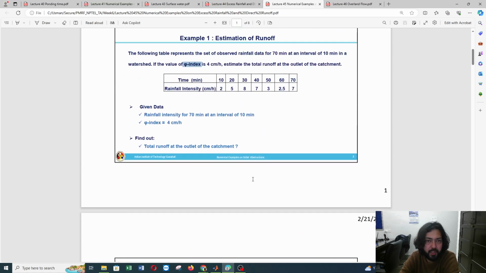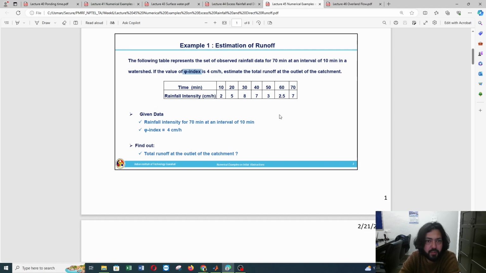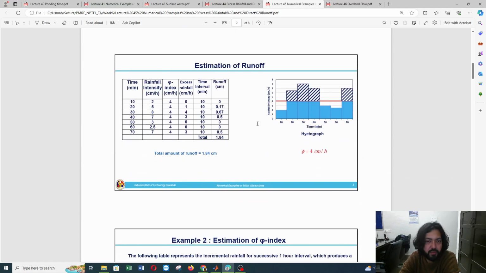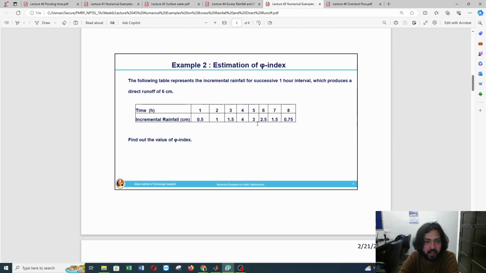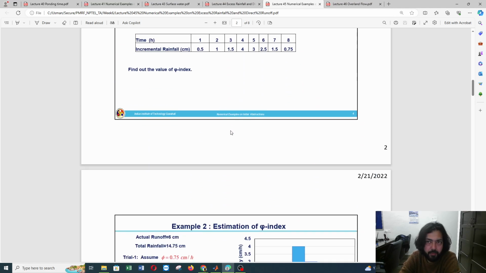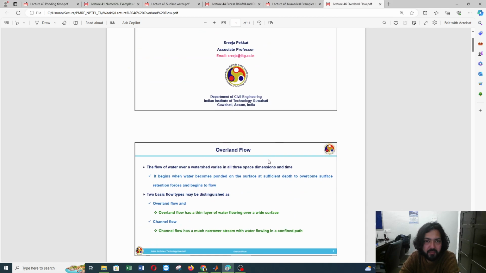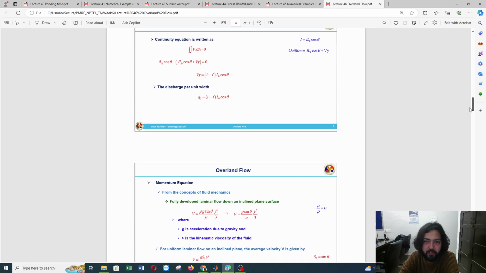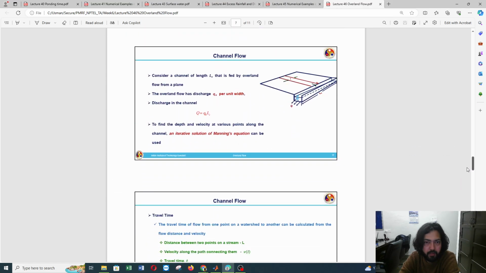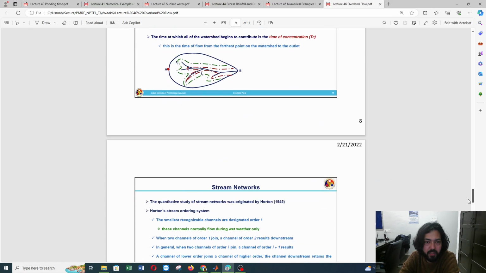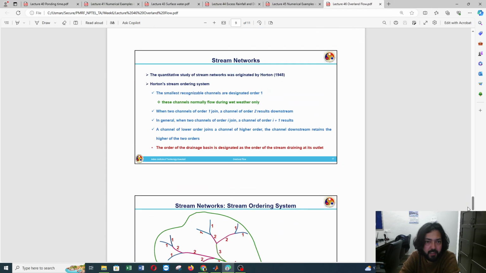So we have seen both the equations, estimation of runoff using phi index and estimation of phi index. Then we came to the last topic, that was overland flow. Here we have seen the derivation of overland flow and channel flow. And the only thing that was left was stream networks, right?